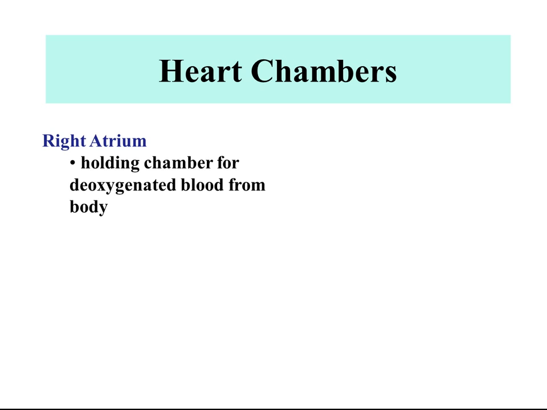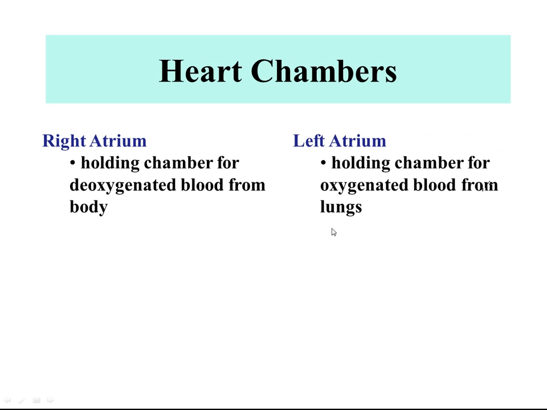The right atrium is the holding chamber for deoxygenated blood. The right atrium receives oxygen poor blood from the body. It also receives oxygen poor blood from heart tissue. The left atrium is a holding chamber for oxygen-rich blood from the lungs.